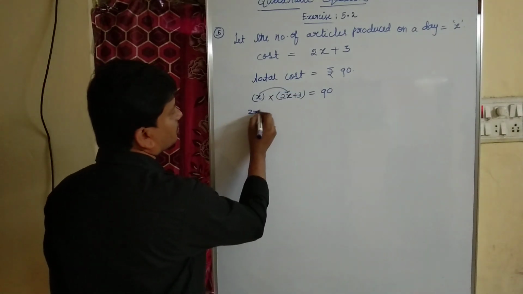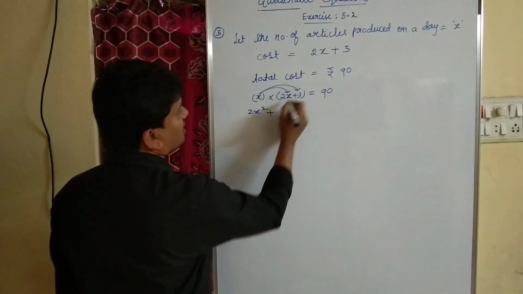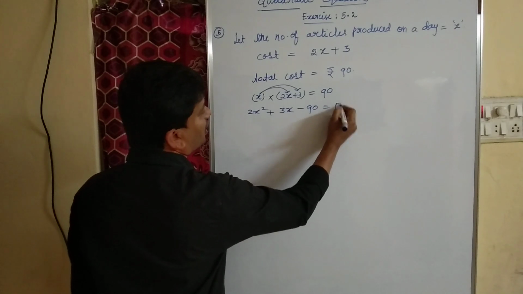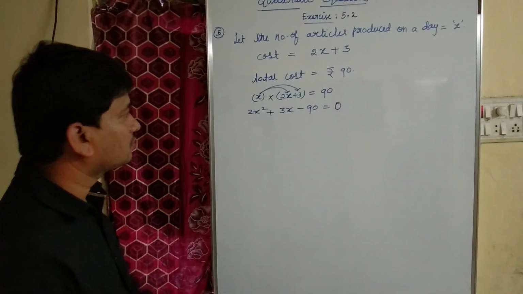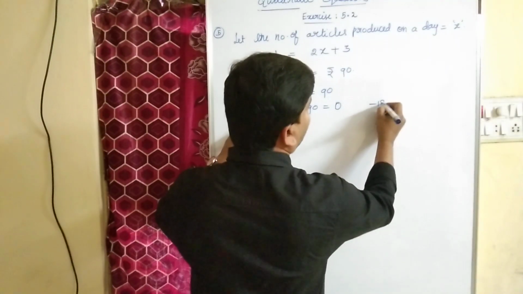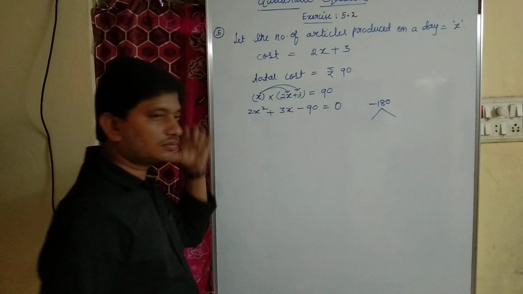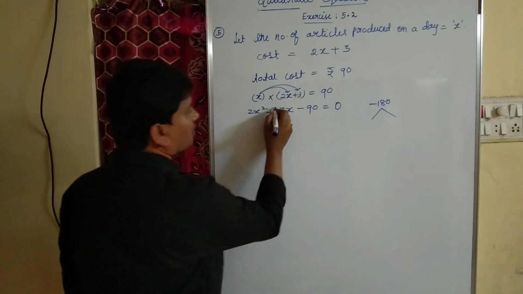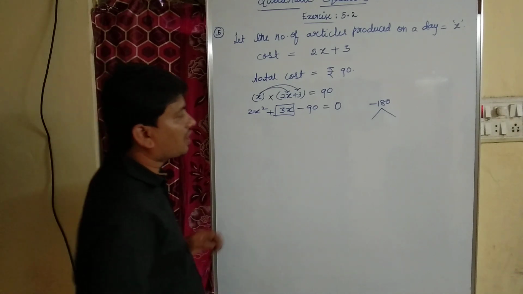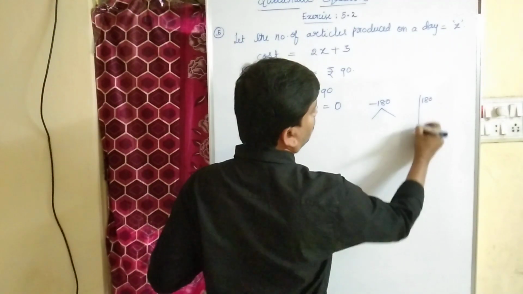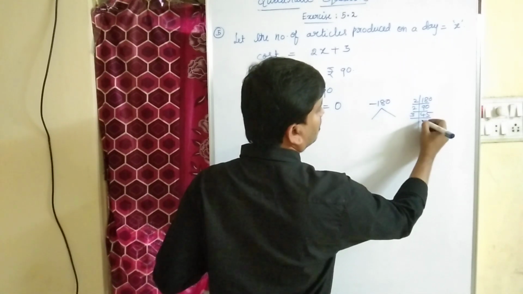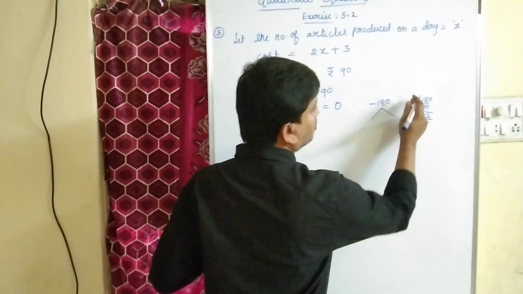x into 2x is 2x square, plus x into 3 is 3x, plus 90 transposed becomes minus 90 equal to 0. The constant is minus 90, and minus 90 into 2 is minus 180. The middle term is 3, so let us find the factors of 180. 2 into 90, 2 into 45, 3 into 15 is 45... 3 into 2 is 6, 6 into 2 is 12.